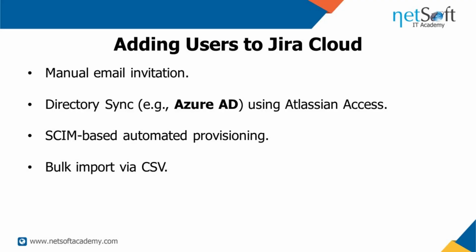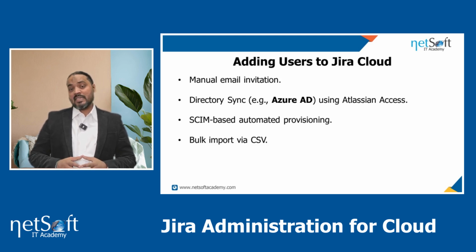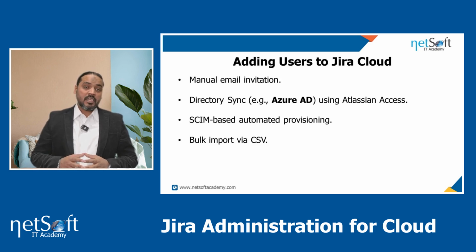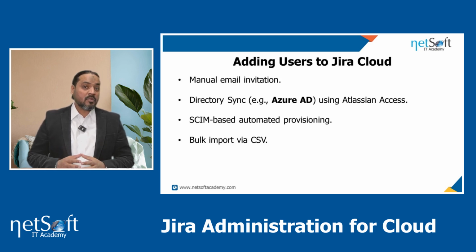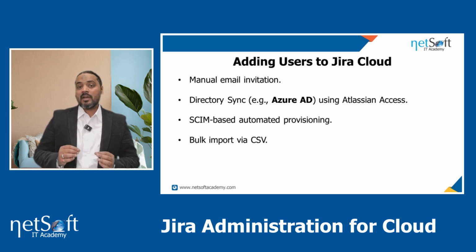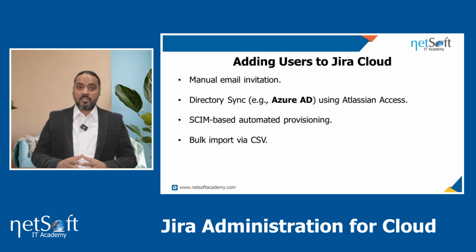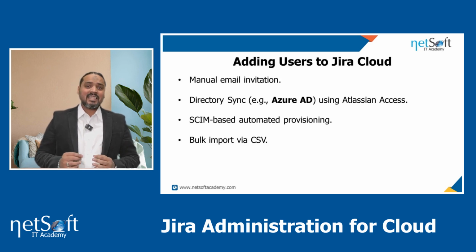In Jira Cloud, users can be added in multiple ways depending on organizational requirements. Users can be invited manually using email invitations, or they can be synchronized from a directory service such as Azure Active Directory or Active Directory on-prem using Atlassian Access.